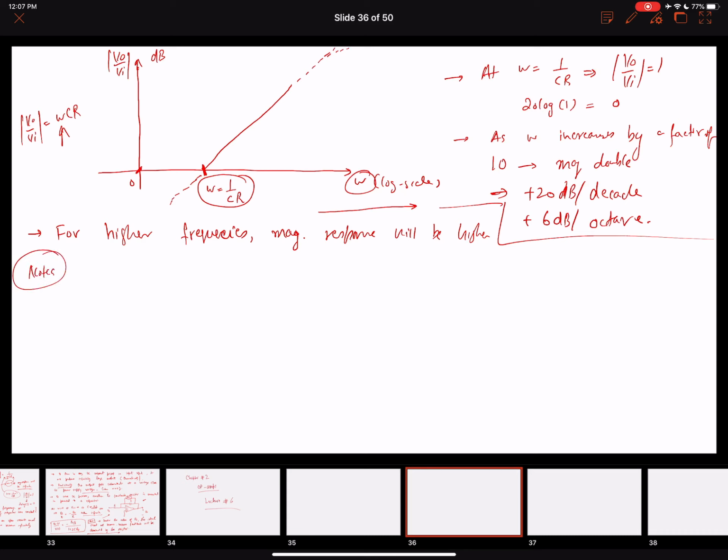So this thing has an implication: at higher frequencies, the magnitude response will be higher.